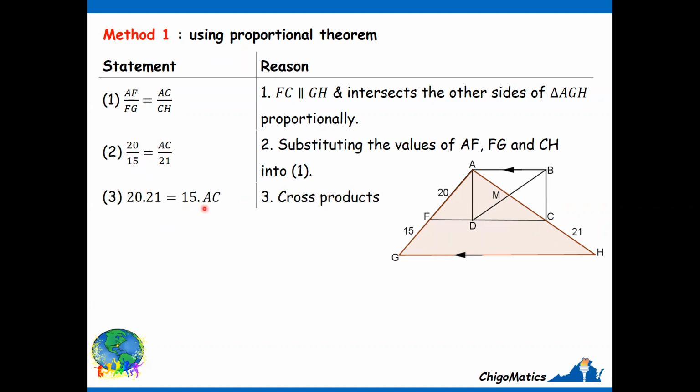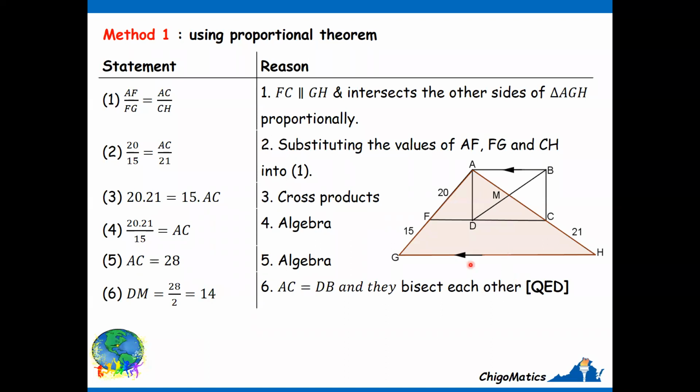After that, we do our cross multiplication, because this is an equation in one variable, and we are solving for AC. Then we do some algebra. Then AC is equal to 28. For our required DM, we simply divide 28 by 2, which is equal to 14, since AC and DB are equal and they bisect each other. Therefore, we are through with this problem.